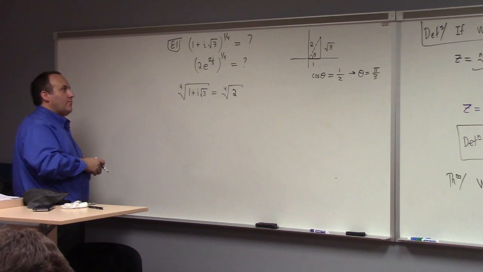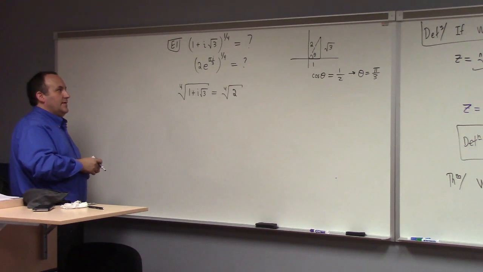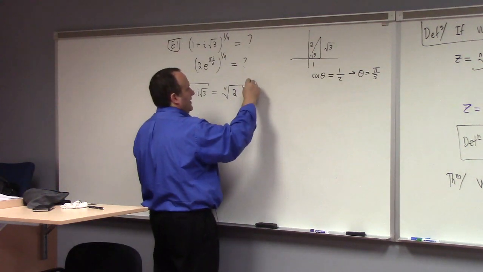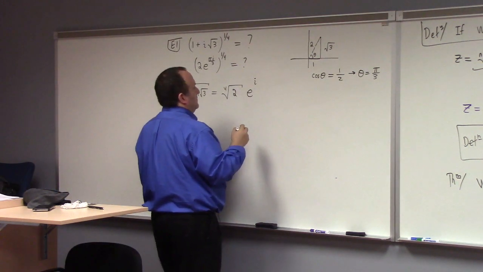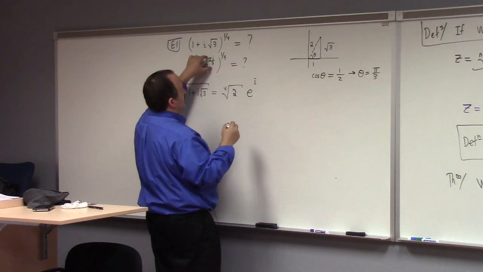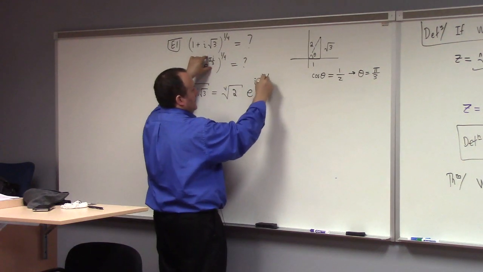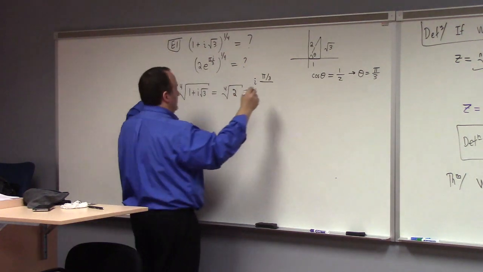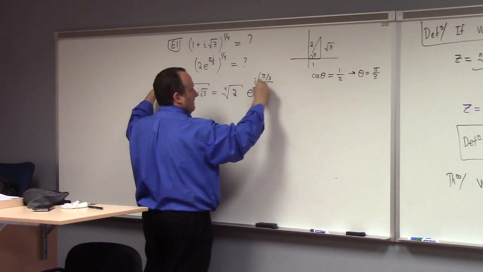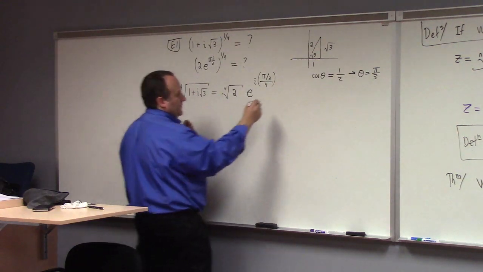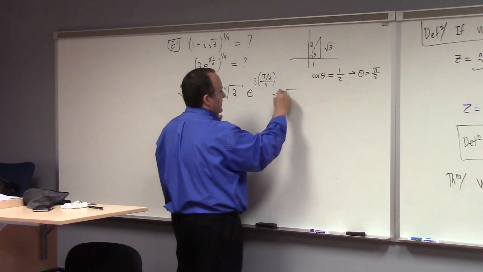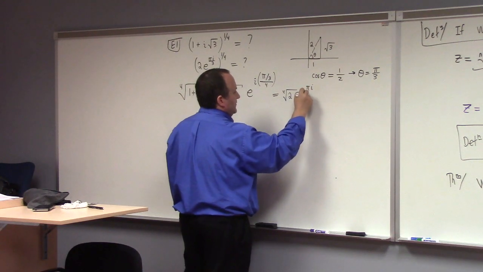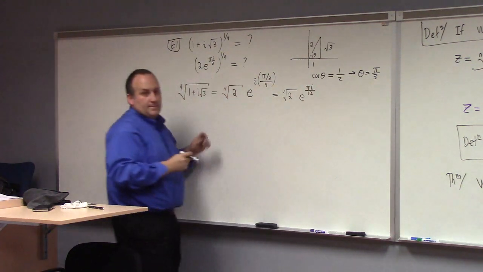And then we have e to the i, so the argument here is pi over 3. So we do pi over 3 divided by what? Well, we're calculating fourth roots, so divided by 4. In other words, the principal fourth root is just the fourth root of 2 times e to the pi i over 12. There you go.